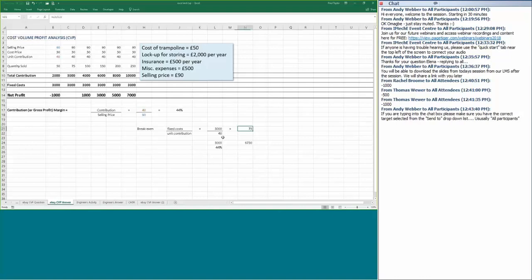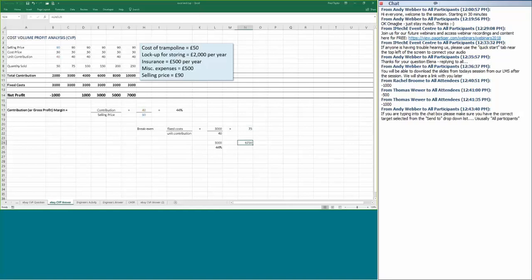And if we want to know the break-even sales level, then we divide 3,000, the fixed costs, by 44%, and that gets us 6,750. That's the level of sales we would need to break even.